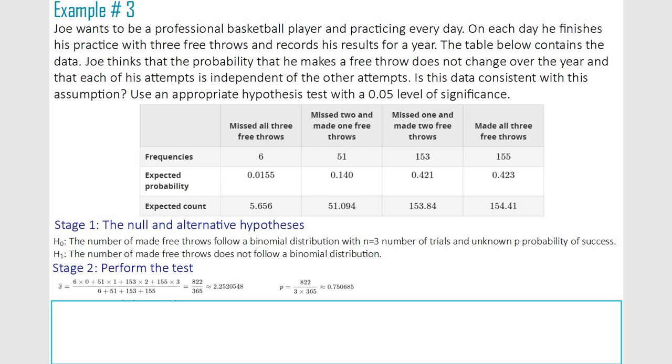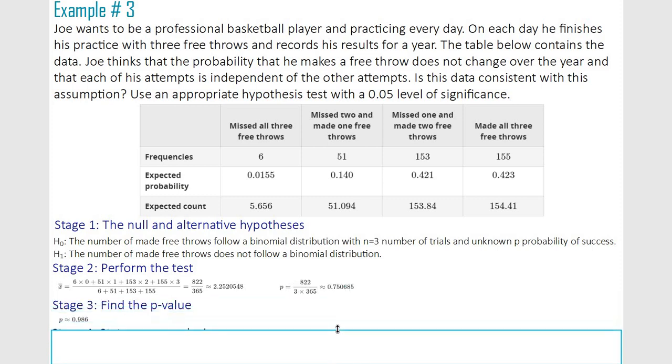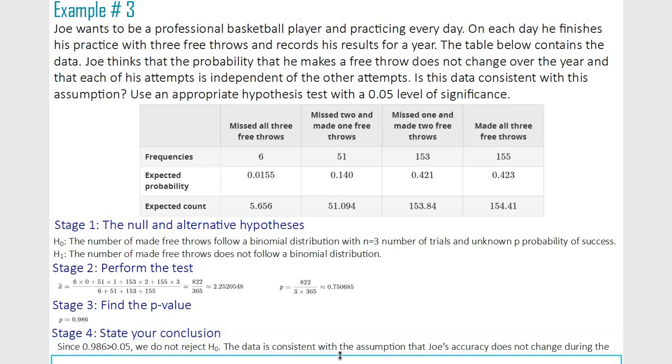Now that we have our observed and our expected, we can run our chi-squared, and our p-value will also show up. We get 0.986, and since that is much larger than 0.05, we do not reject the null hypothesis. So it's consistent with the assumption that his attempts are independent of each other and it doesn't change throughout the year.